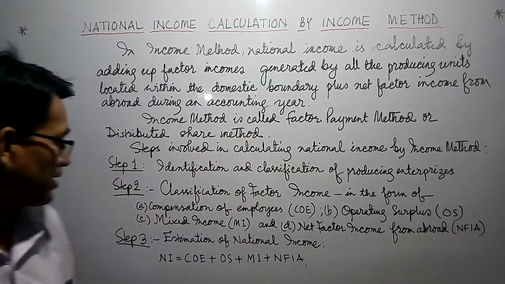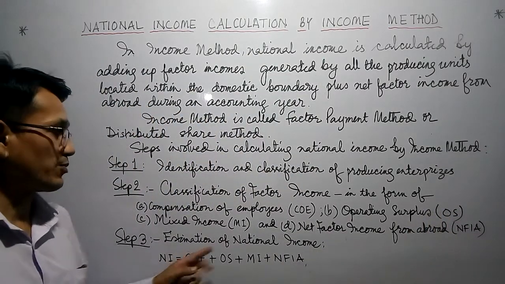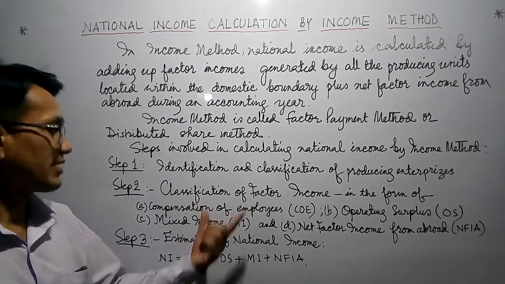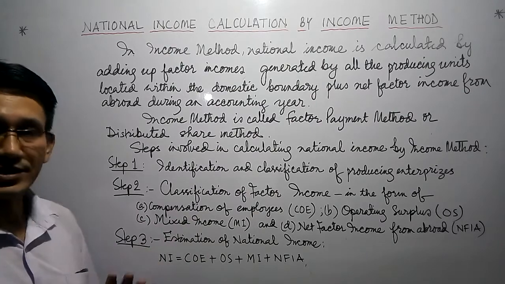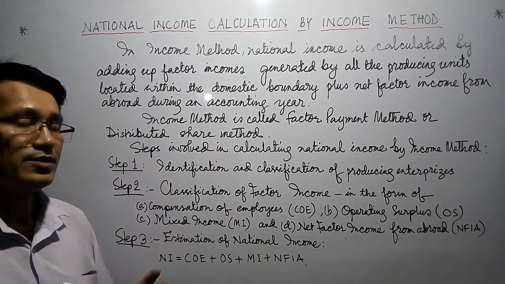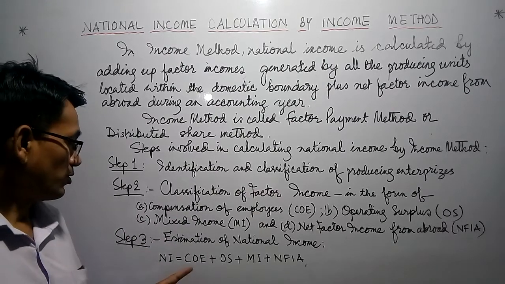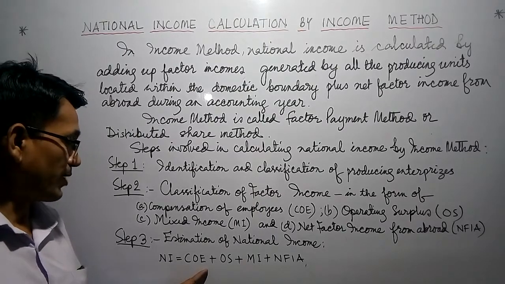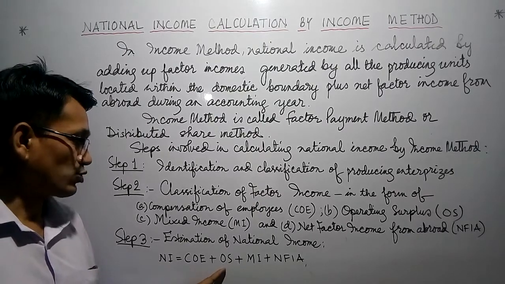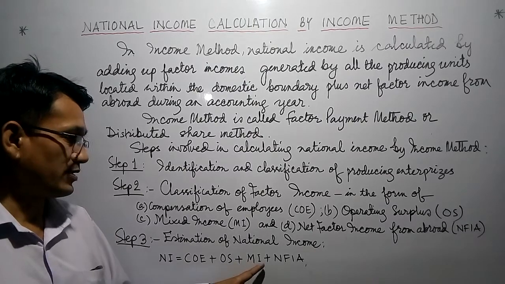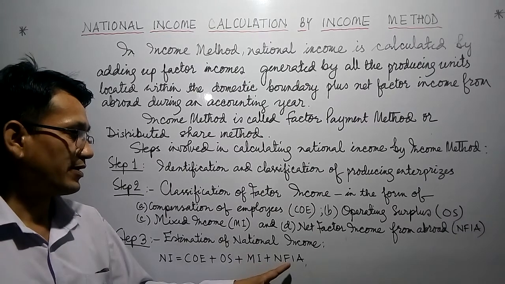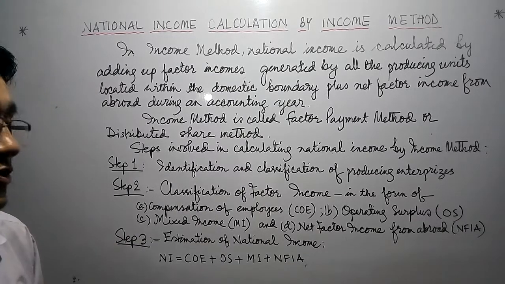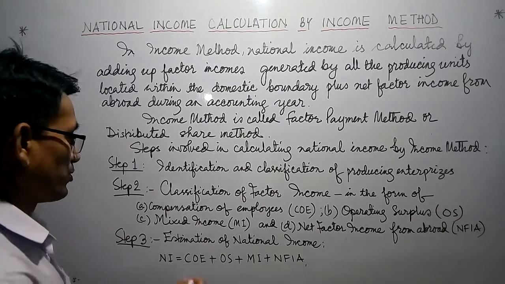The last and final step is the estimation of national income. In this final step, we will add up all the factor incomes of the producing enterprises. So national income is equal to COE, compensation of employees, plus OS, operating surplus, plus MI, mixed income, plus NFIA, that is net factor income from abroad.